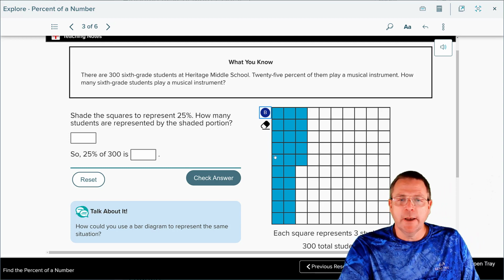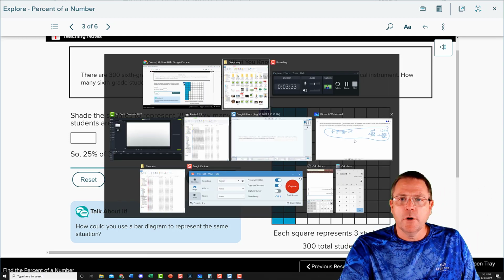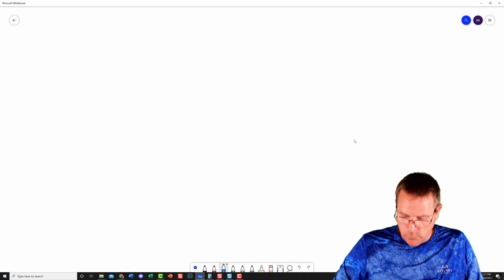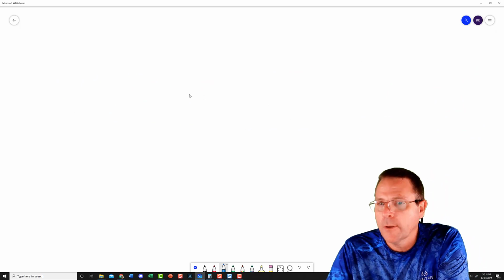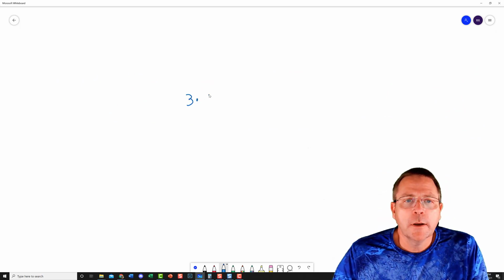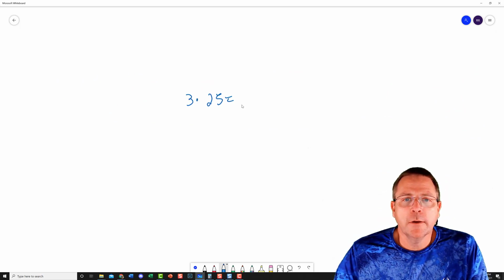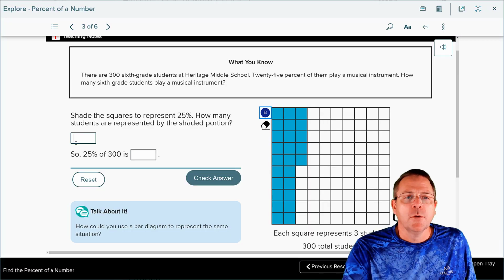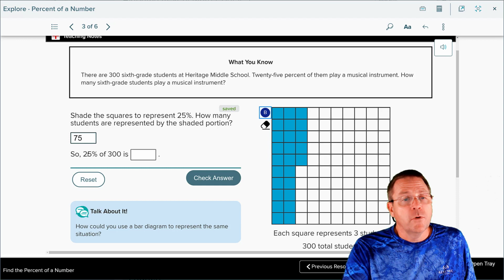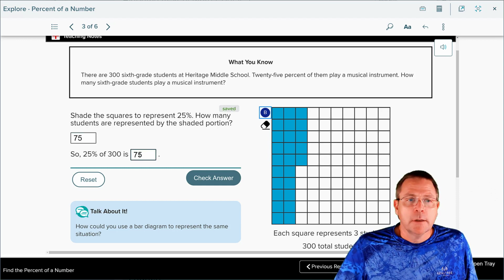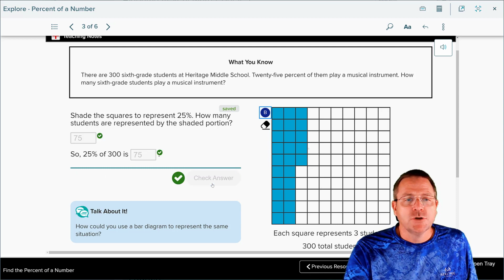There's 25 of them shaded, so let's swap over to our scratch work and do some math there. 3 times the 25, that means there are 75 students represented there. So I'm going to put in my 75, and therefore you would say that 25% of 300 is 75, and check your answer.